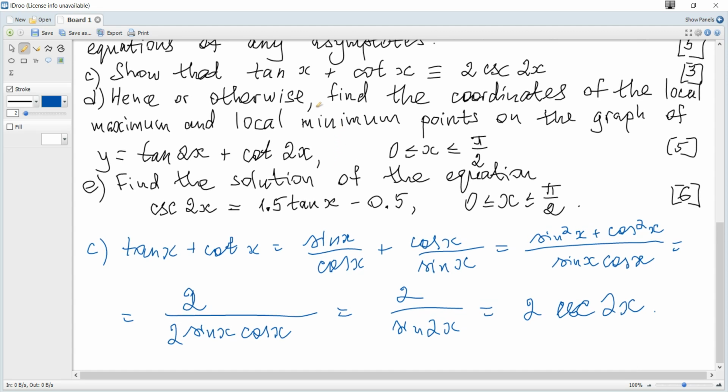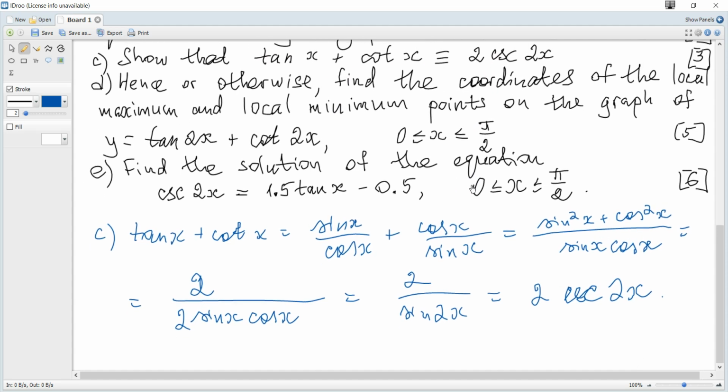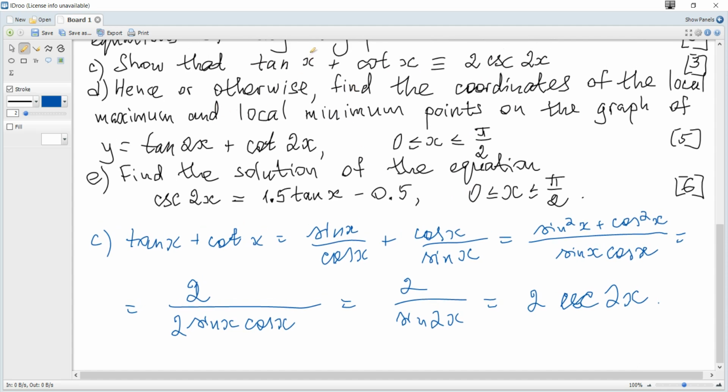Definitely it will be useful to use this identity, but notice that the identity is for some angle, and since there is 2x here, the angle becomes 2 times larger, so this becomes 2 cosecant of 4x.